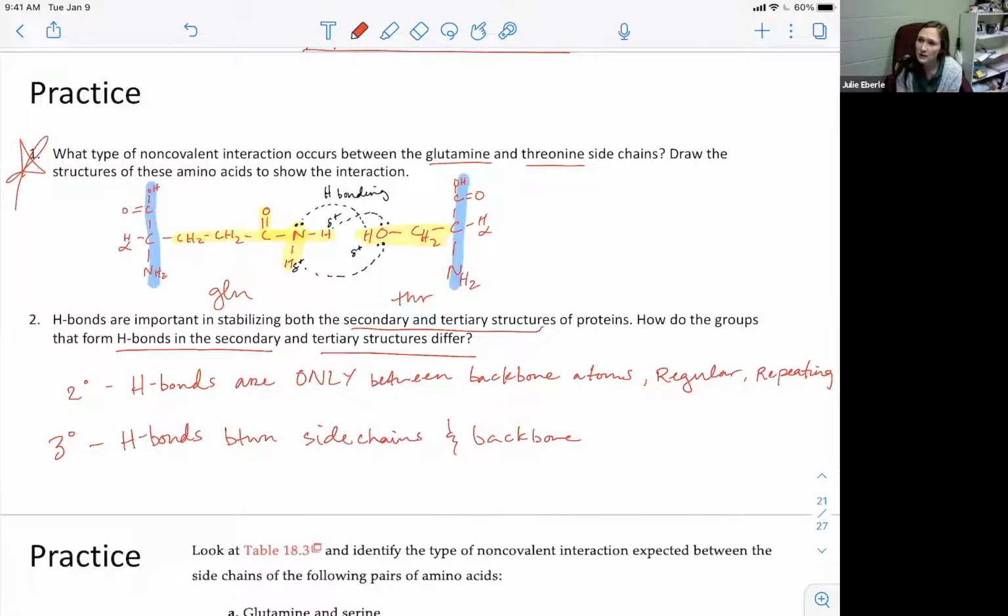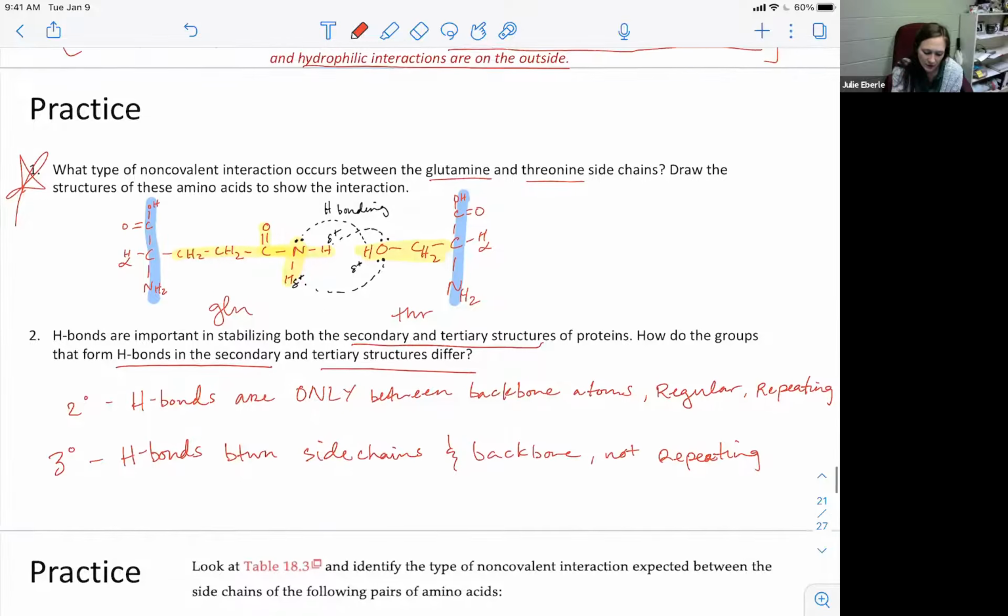You could have hydrogen bonds between a side chain and a backbone atom. You can have those different variations, and they are not repeating. They seem more random, not as regular and repeating as the hydrogen bonds that hold the protein together at the secondary level.